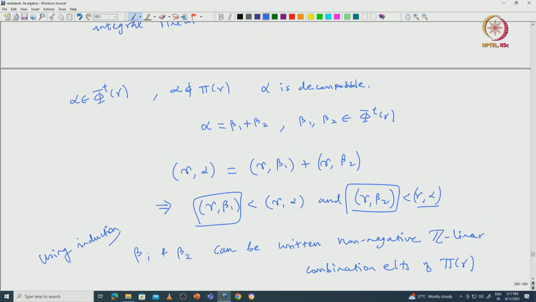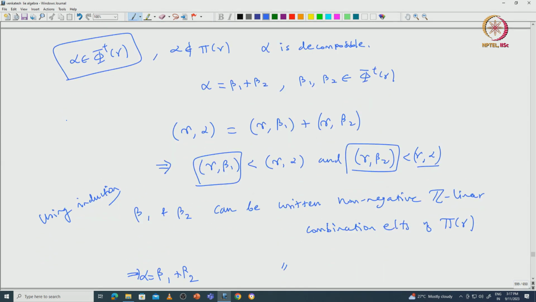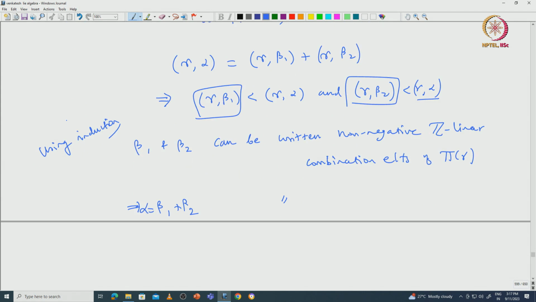So, this proves that any element of phi plus of gamma can be written as a non-negative Z linear combination of elements of pi of gamma.